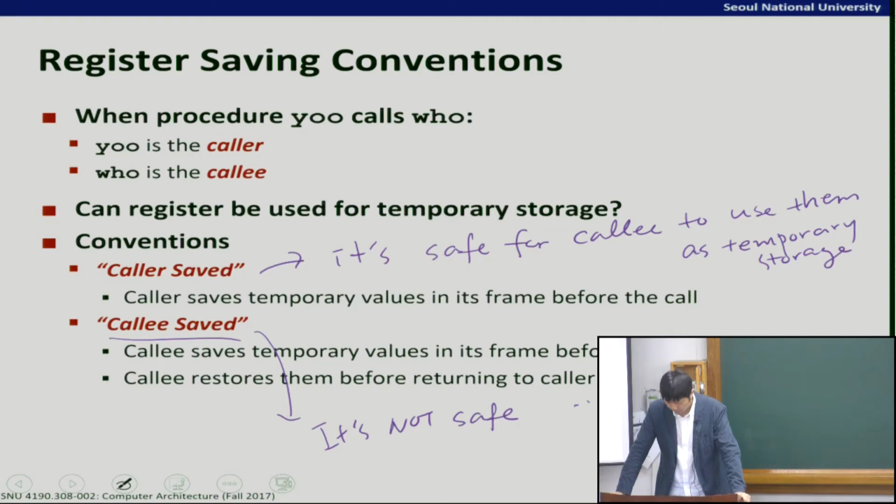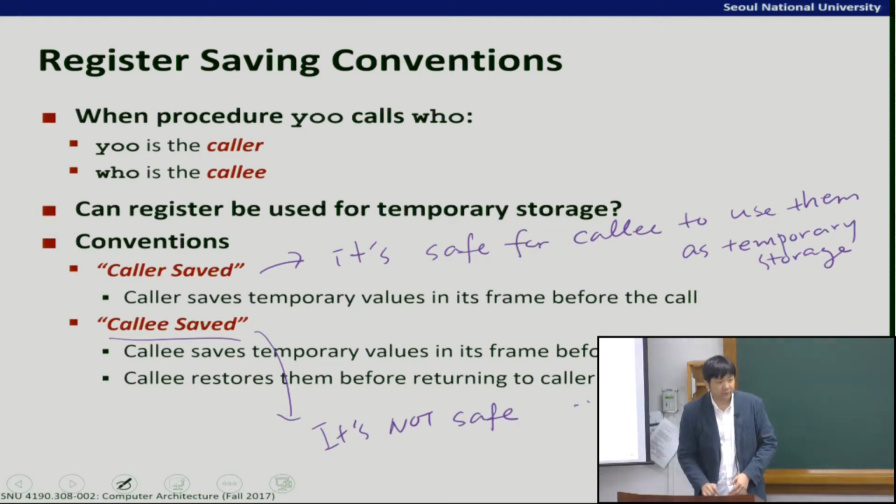So for these callee saved registers, the caller can expect this value of the register will be preserved across the function call. You don't have to back it up. If this value will be overwritten, the callee must save this original value first, and then restore the value before returning to the caller. So from the caller's perspective, you don't have to worry about breaking this value, because the callee will take care of this backup and restore before you return from the function.